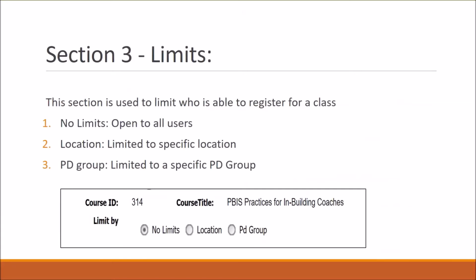The other limitation that you can choose is PD groups. We have some districts who utilize the PD group area, and so all of your school sites, all of your elementary teachers, you know, we can help you to set up those PD groups if you'd find that to be helpful.